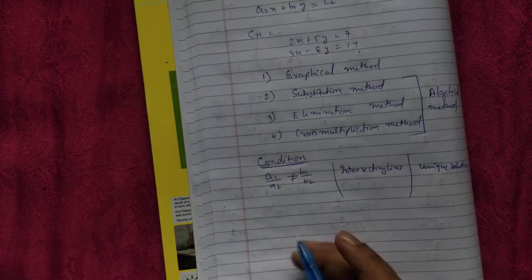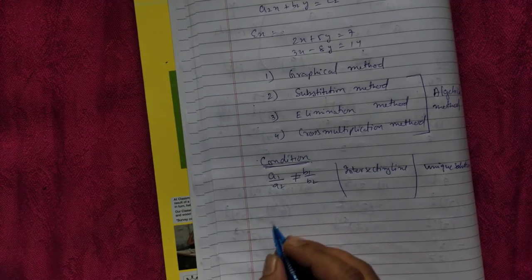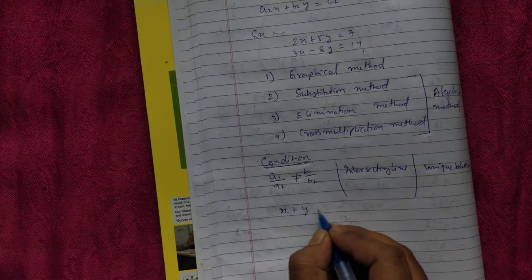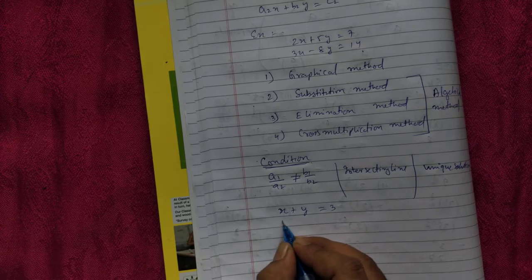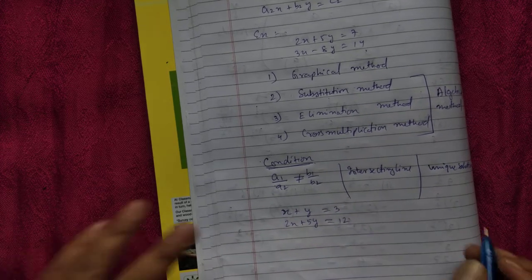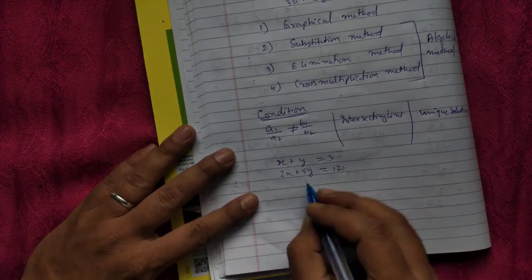For example, if we solve x plus y equal to 3 and 2x plus 5y equal to 12, what will happen?